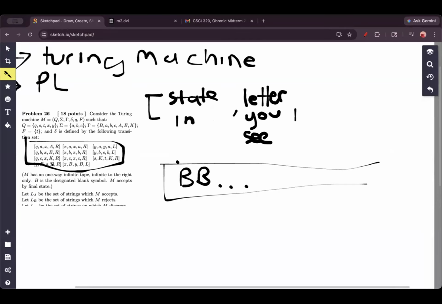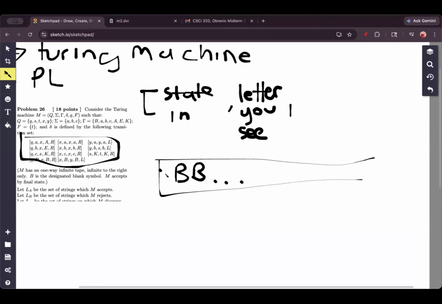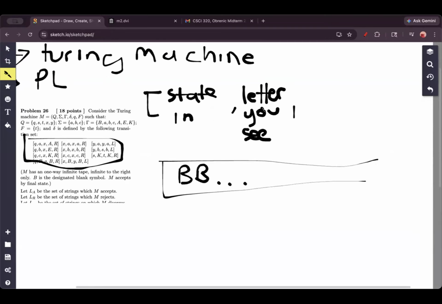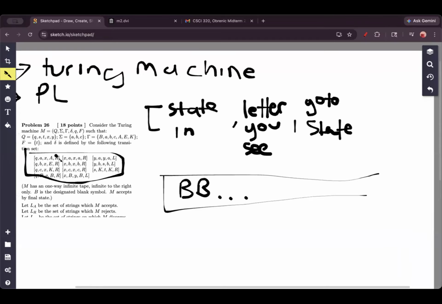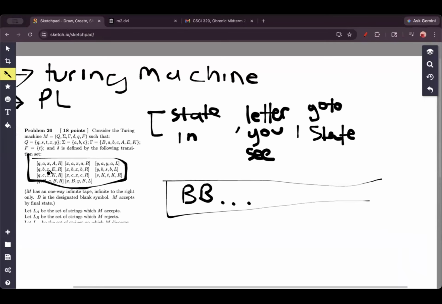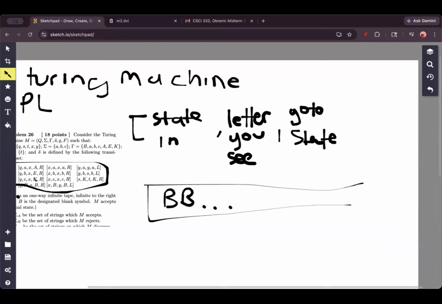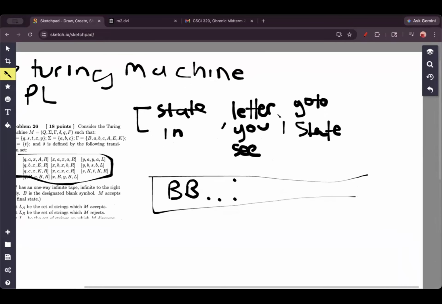And then after that, this is the state that you go to. So over here, there's the X go to state. And then this is whether you turn right or left. Am I missing something? Oh, I'm sorry. The fourth symbol is what you rewrite the letter that you saw with.